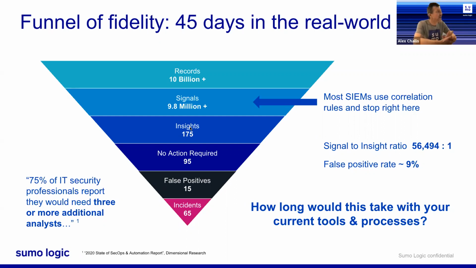And then, as you can see from the statistics there, more than half of them didn't require any follow-up. A very small number were so-called false positives. But it really allowed them to sharpen their SOC's attention and focus on the 65 real incidents that were highlighted as part of their evaluation.